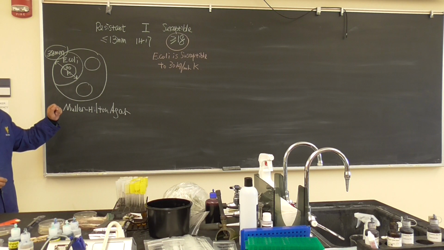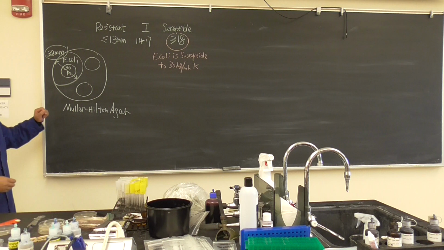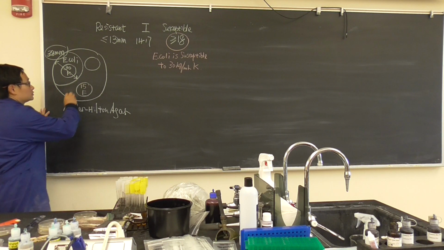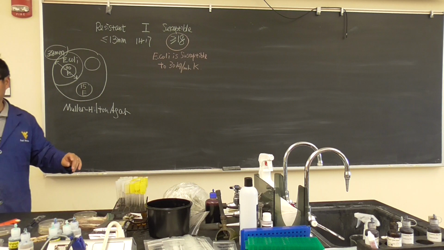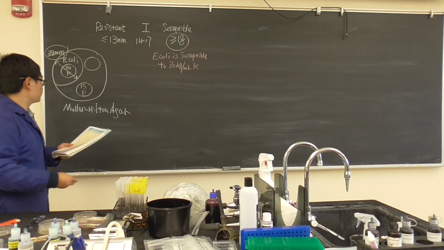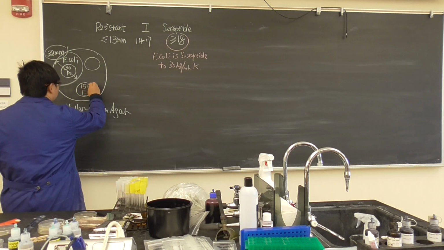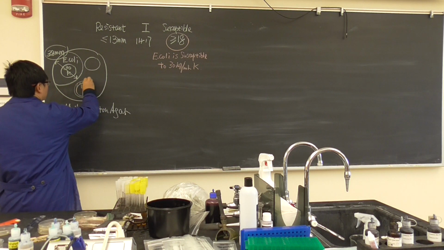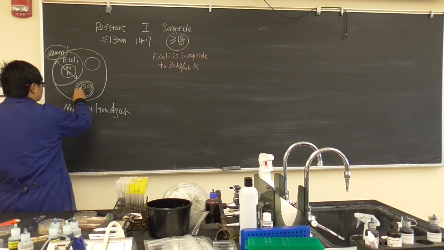Tell me what the other one is. Staphylococcus aureus. Yeah. And E15, is that right? That's erythromycin. So for erythromycin, we have to look at the table. Yes, it is 15 microgram, and you see the inhibitory zone is very, very little.